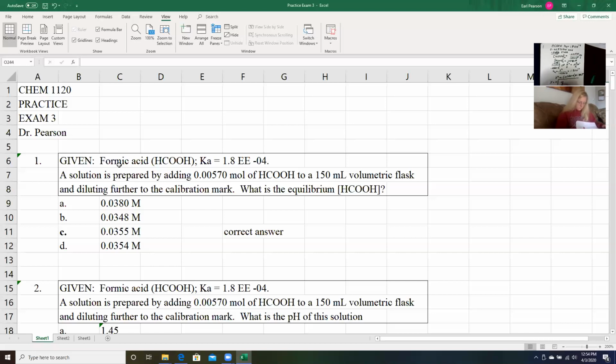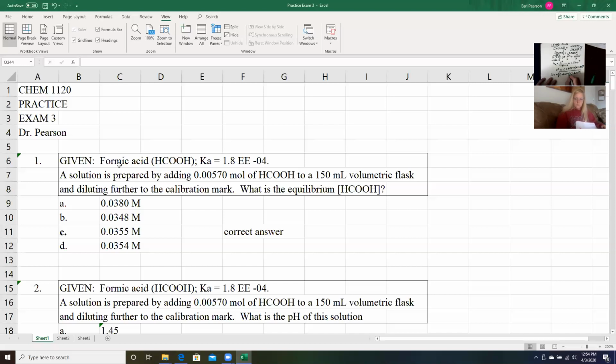So it's 0.0380 minus x times 1.8 times 10 negative 4. Okay, now this is set up to do successive approximations, and we're going to see this works pretty fast.